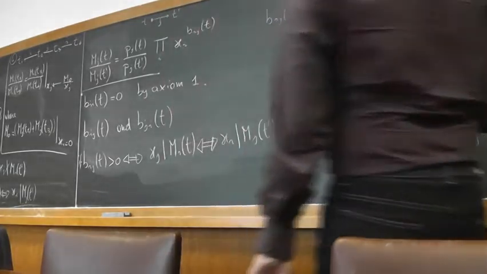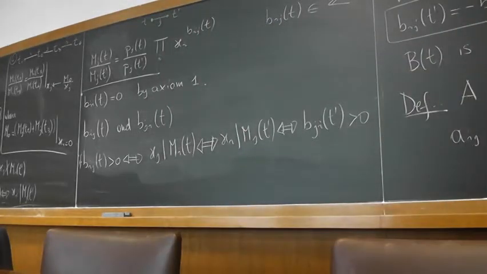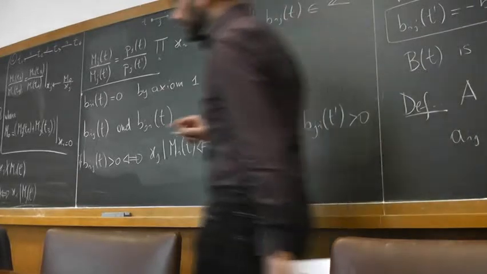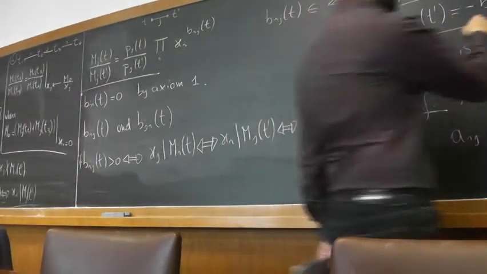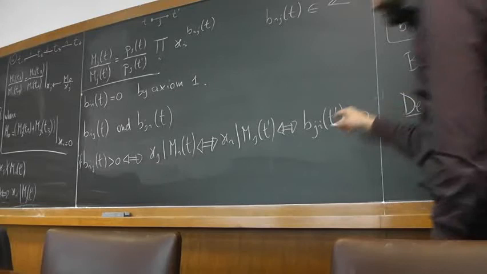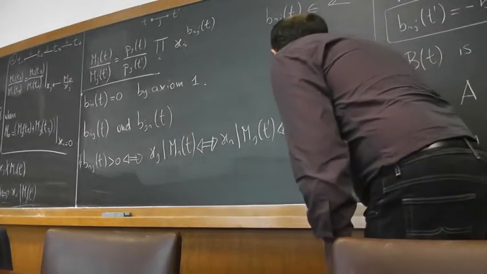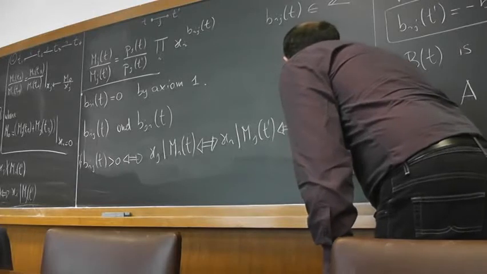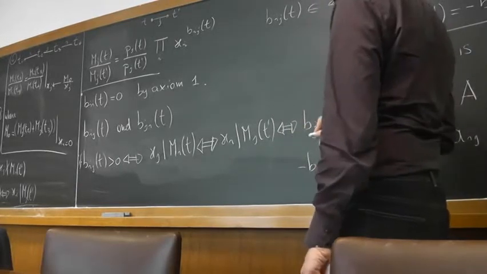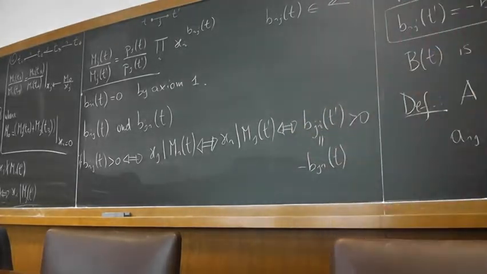In this case, t and t prime are joined by an edge labeled with i, so I can apply this where the second index is i. So this is equal to minus Bji of t. So we actually have this property of sign skew symmetry.